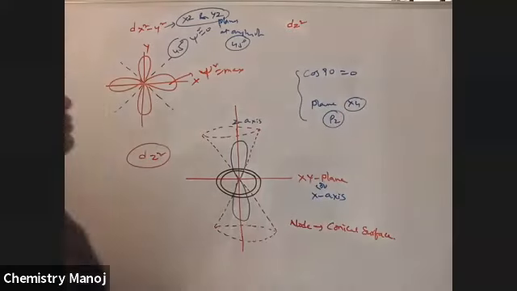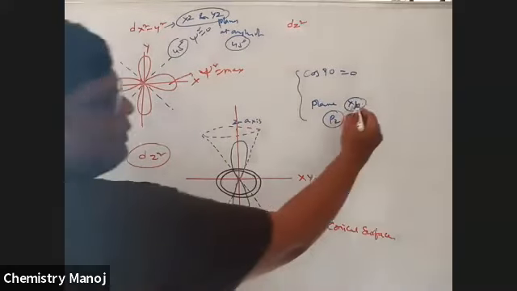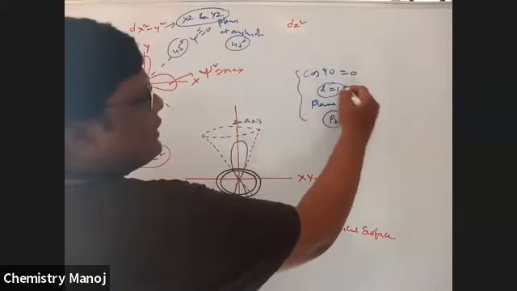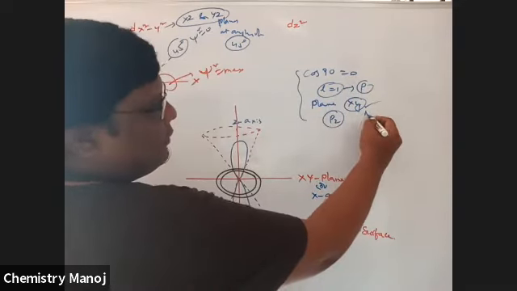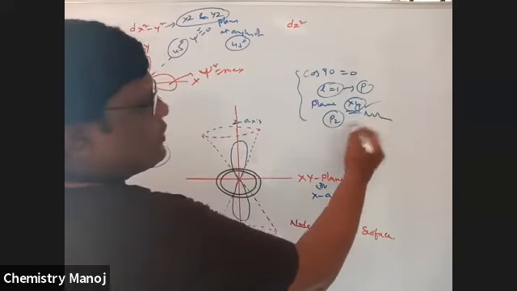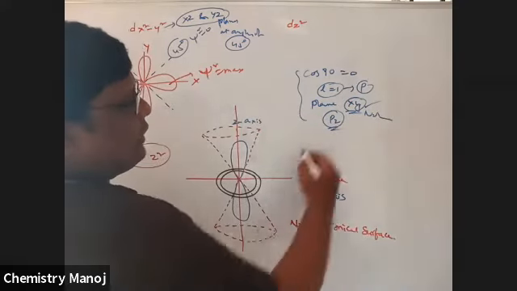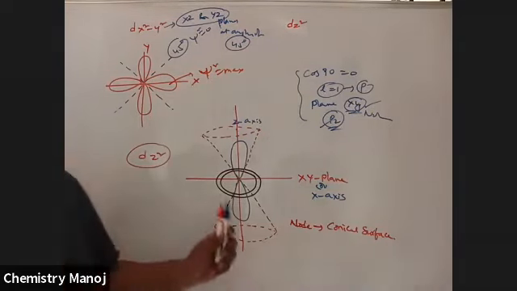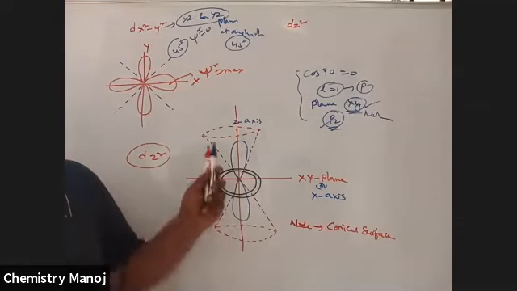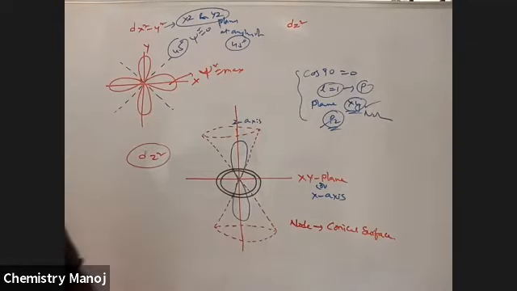L is equal to 1 is nothing but p orbital. The xy plane as nodal plane is only for the pz orbital. That is why the orbital is pz orbital. There is the identification if you know which plane is the nodal plane for which orbital. So these are the shapes of different orbitals, and some problems based on that.